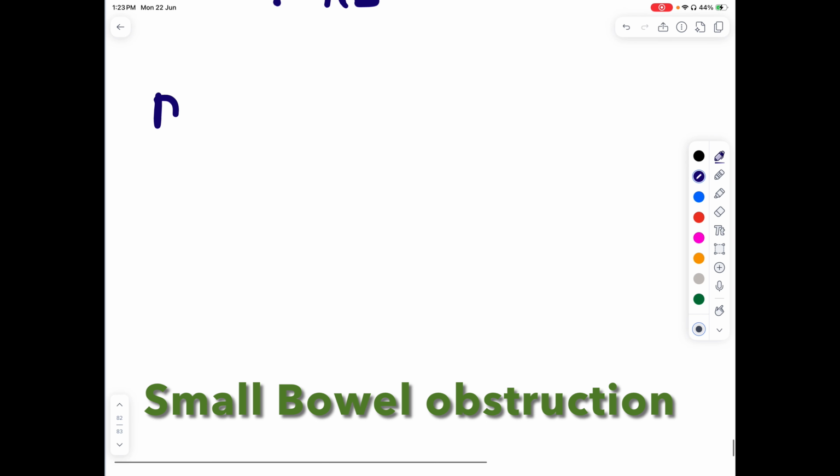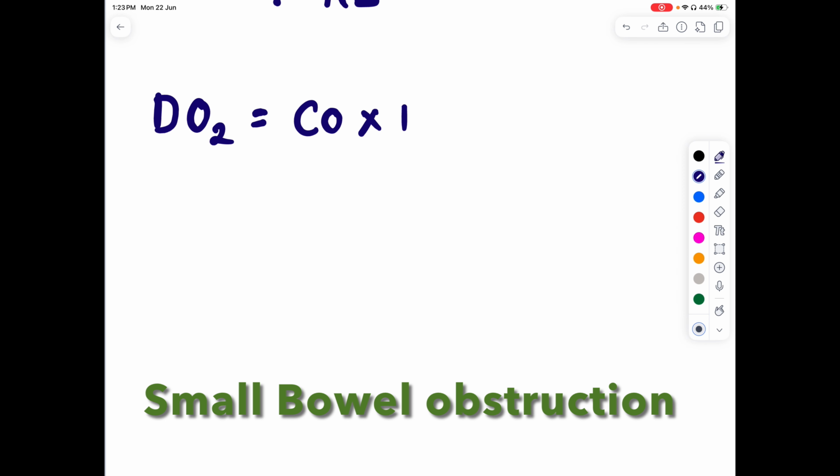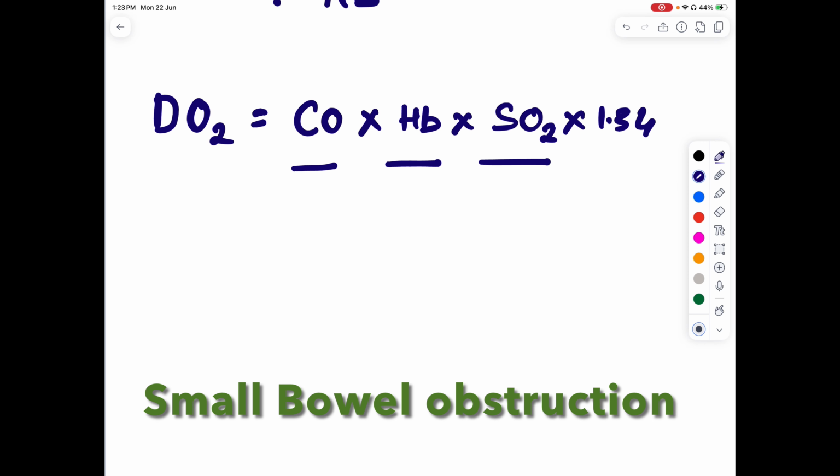Oxygen delivery depends upon cardiac output times hemoglobin concentration times oxygen saturation times 1.34. These are the three things: cardiac output, hemoglobin concentration, saturation of oxygen. How is oxygen carried in the blood? It's through the hemoglobin, carboxyhemoglobin.